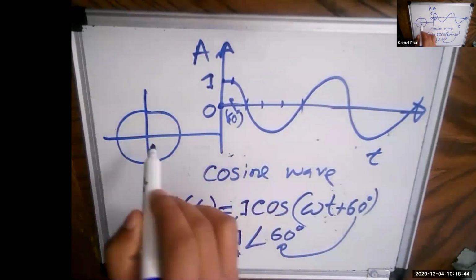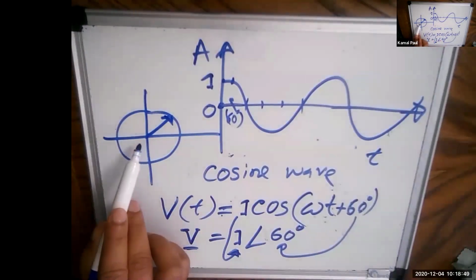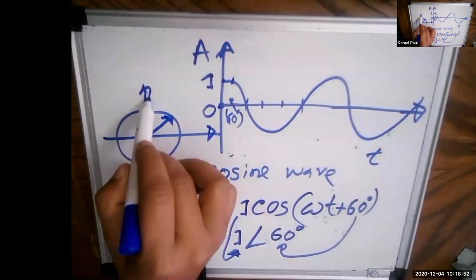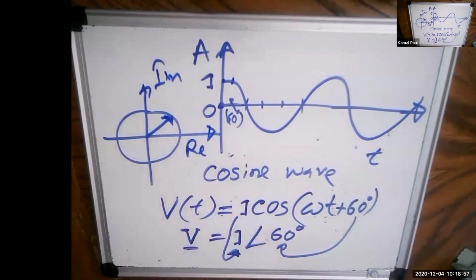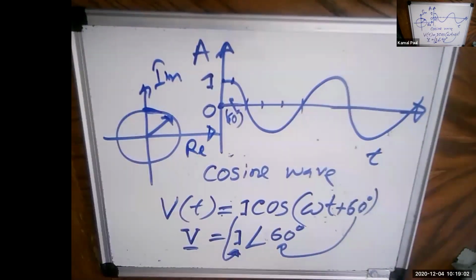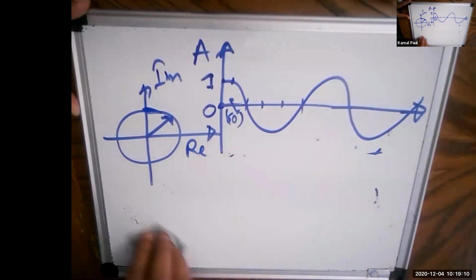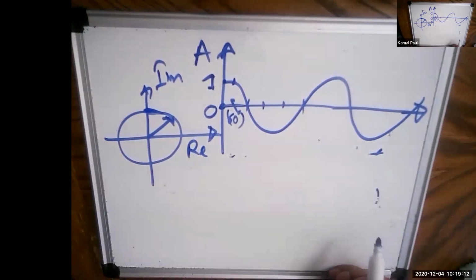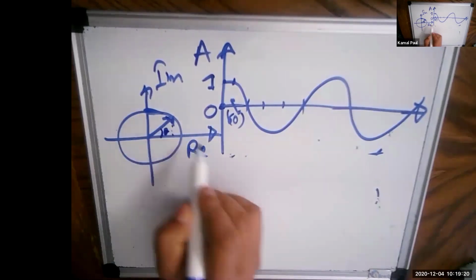In this diagram we know that this line is imaginary and this line is real. Now we can express this circle in two different ways. One is rectangular form, one is polar form. So if we want to solve any electrical circuit, this angle is theta.